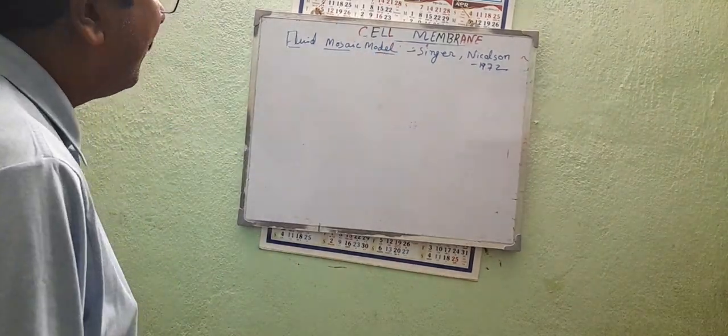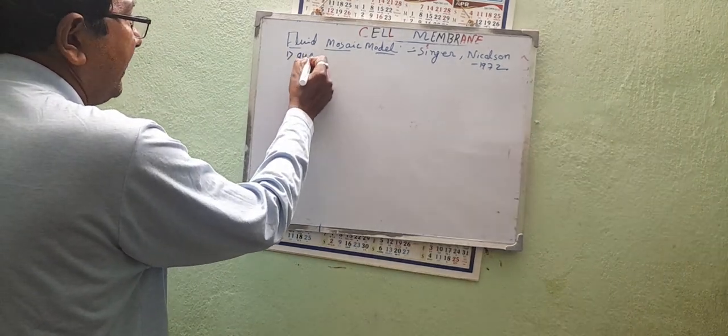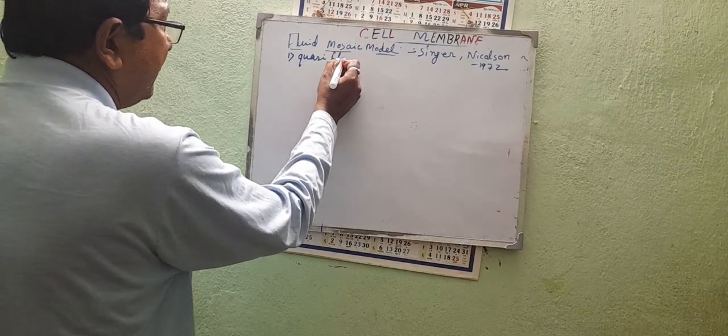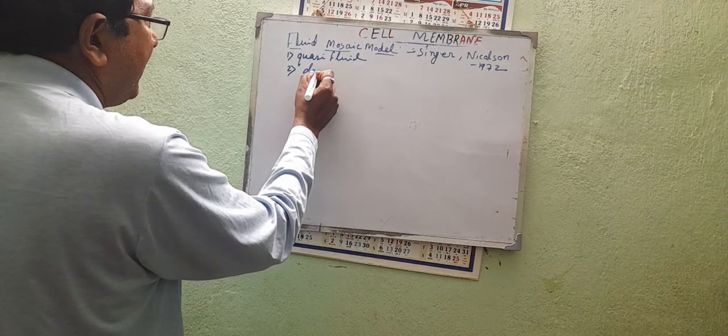And what are the properties of this model? Number one, quasi fluid nature of the plasma membrane. Number two, dynamic in nature.